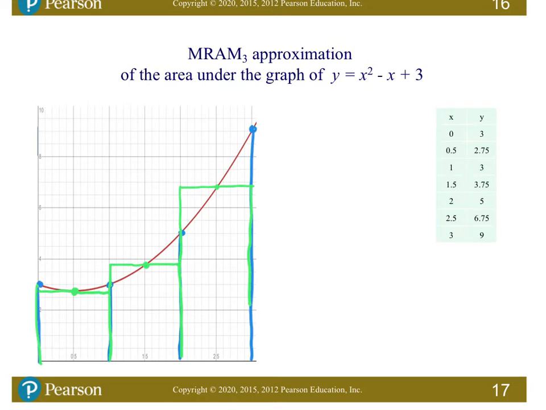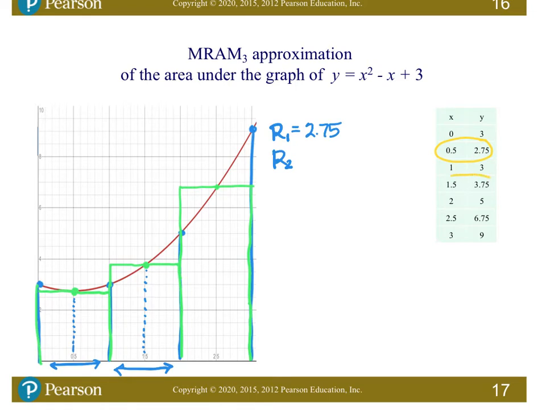So we can continue with using our rectangular calculation, so base times height. So we'll have our rectangle number 1. Now the base is still 1, but the height is found at that center. So I look over at my table here, and I'm looking at 0.5, so I'm looking at a height of 2.75. And then my rectangle number 2 is a base of 1, and the height is formed at 1.5.